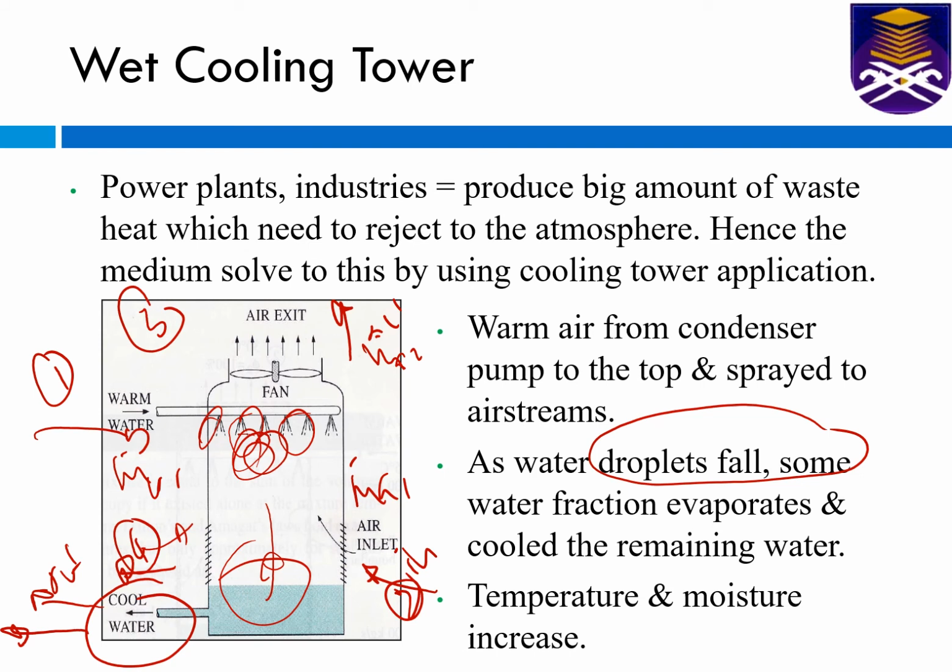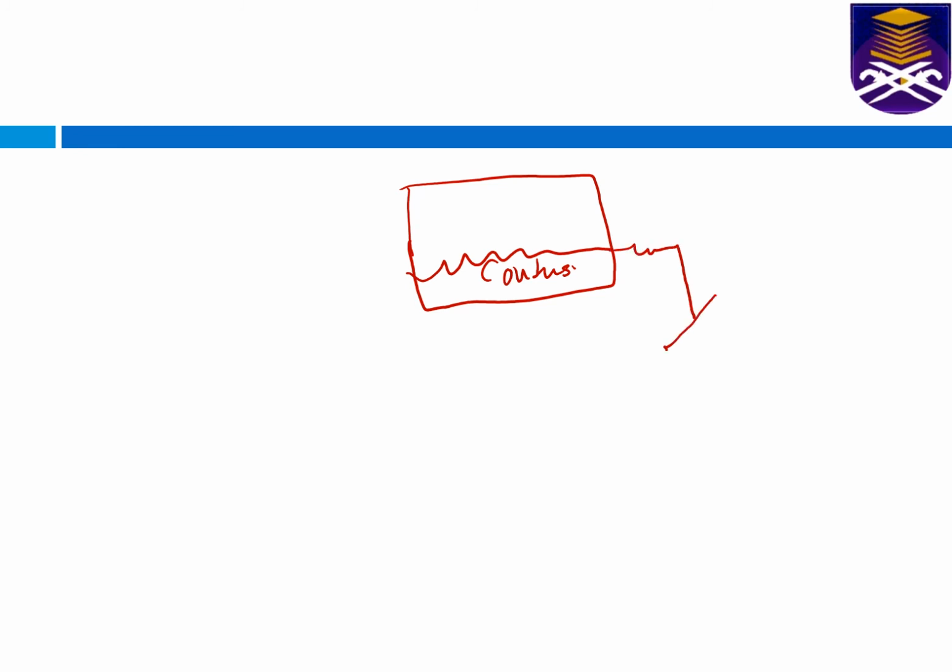Okay, so this is a draft layout for the system, where you have a chiller or the refrigeration cycle, which I will draw in red color, where you have a condenser. Usually this condenser is a heat exchanger, and before that you have a pump, and before that you have an evaporator.